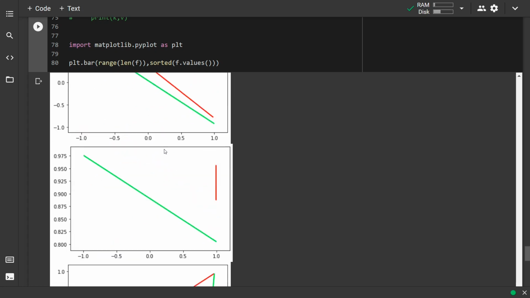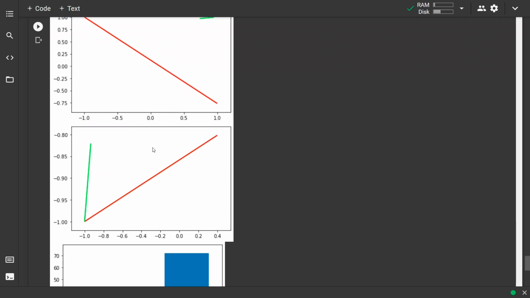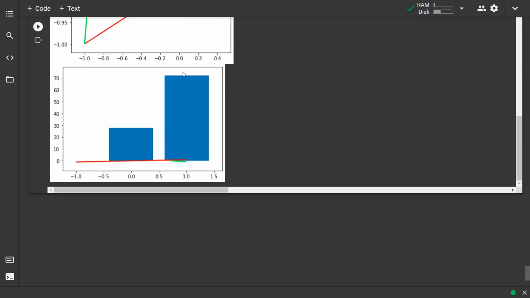Okay, so anyway, the overall result is that 70% of the time, the two line segments intersect. And so 30% of the time, they no longer intersect.